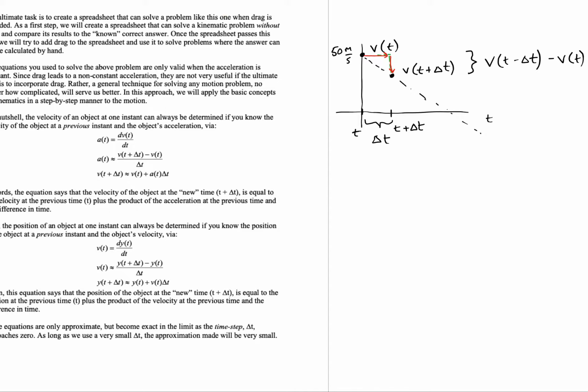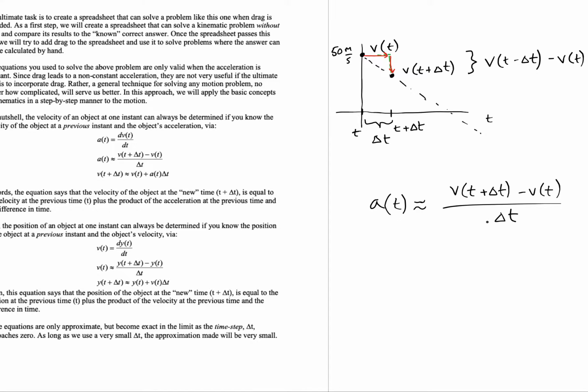Then if we make a slope out of that, we get the acceleration. So they're saying the acceleration at time t is not exactly equal to this quotient, but it's approximately equal to it.